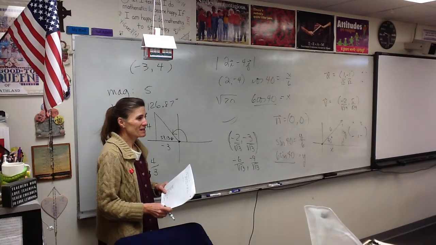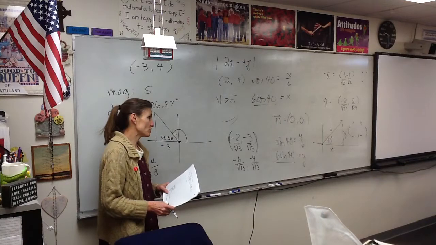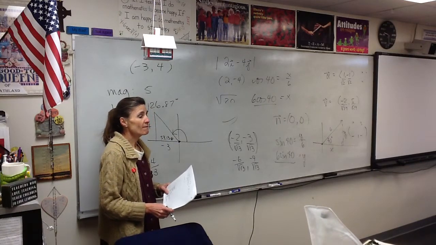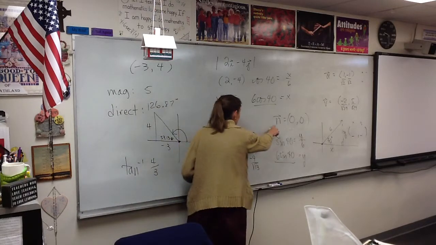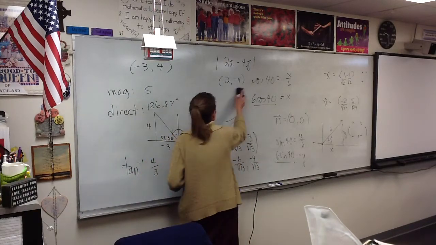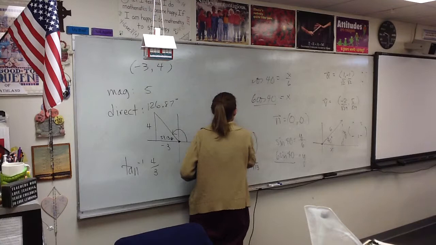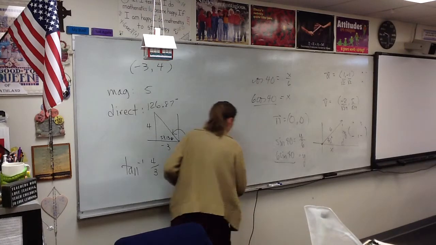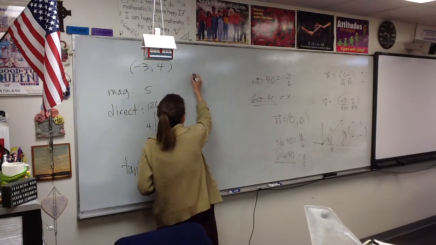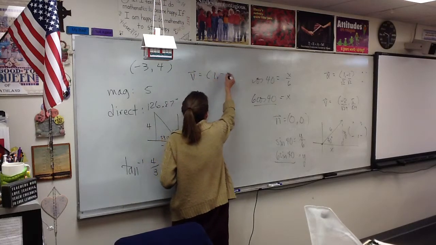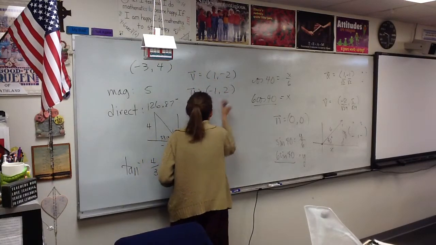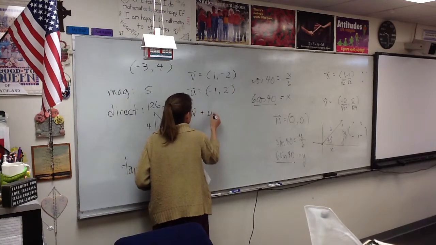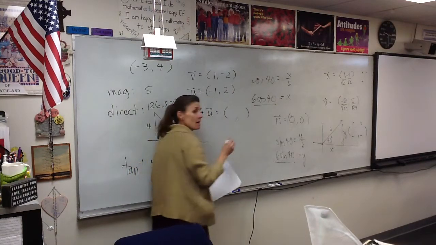Now, I know what you're thinking. You're thinking, isn't that just a point, Mrs. Ford? If I draw it, it's going to look like a point. But we need this concept because when we add 2 vectors, we get another vector. So if we added 1, -2, and -1, 2, we need to get another vector.